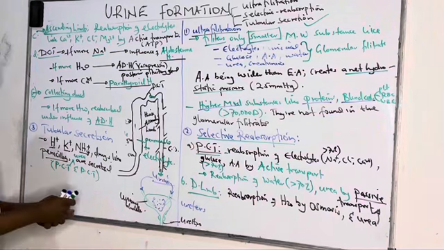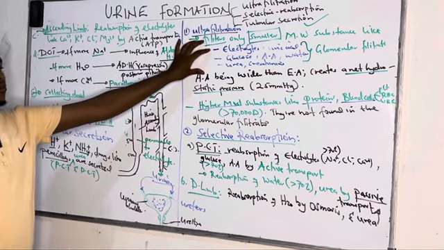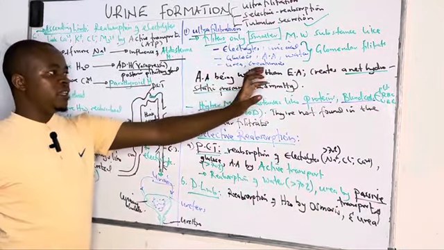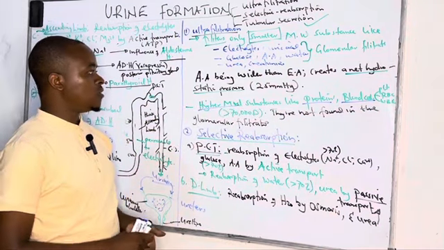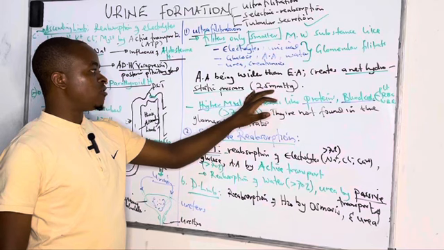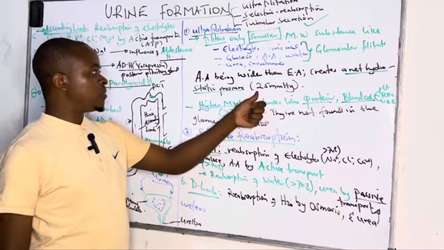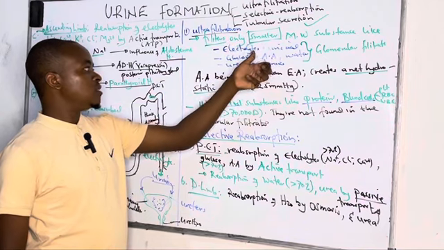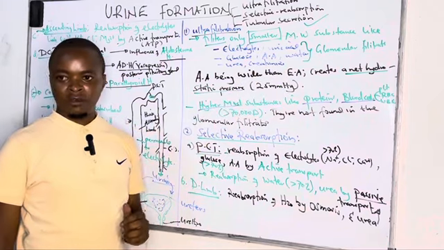So we have seen all the processes of urine formation, starting with ultrafiltration, which is filtration under pressure, created by the afferent arteriole being wider than the efferent, and also by plasma proteins and water, which give a net hydrostatic pressure of 25 millimeters of mercury. It is this net hydrostatic pressure that forces smaller molecular weight substances like electrolytes, waste products of metabolism, and water to be filtered.